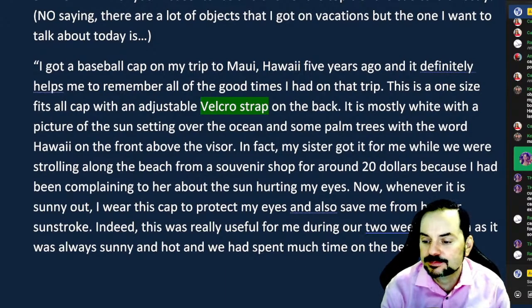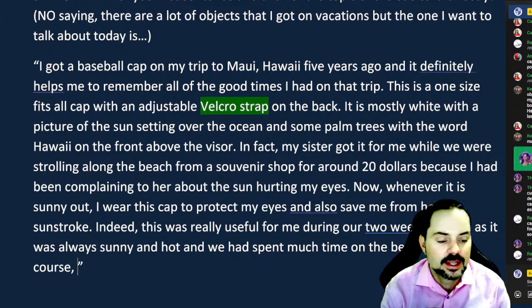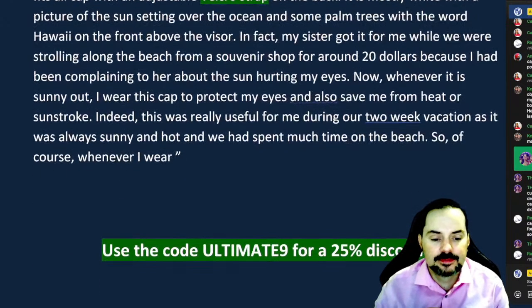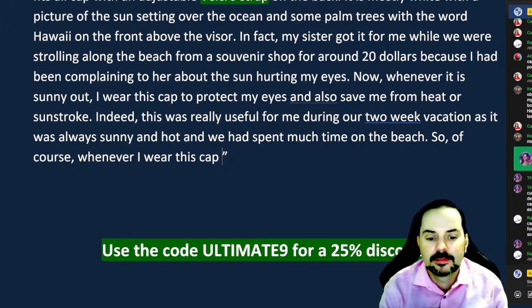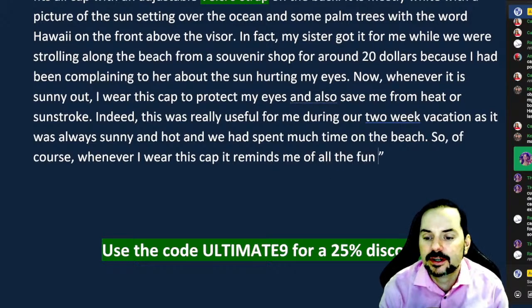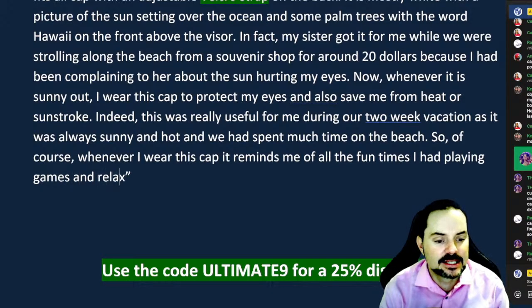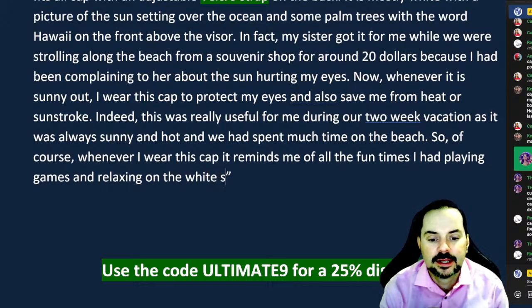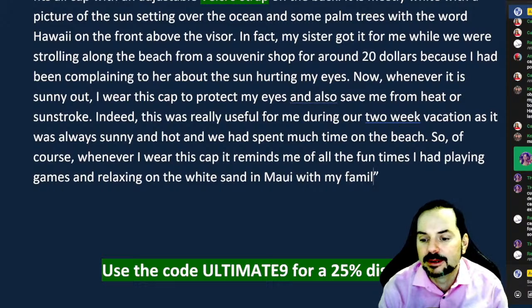So, of course, whenever I wear this cap, it reminds me of all the fun times I had playing games and relaxing on the white sand in Maui with my family.